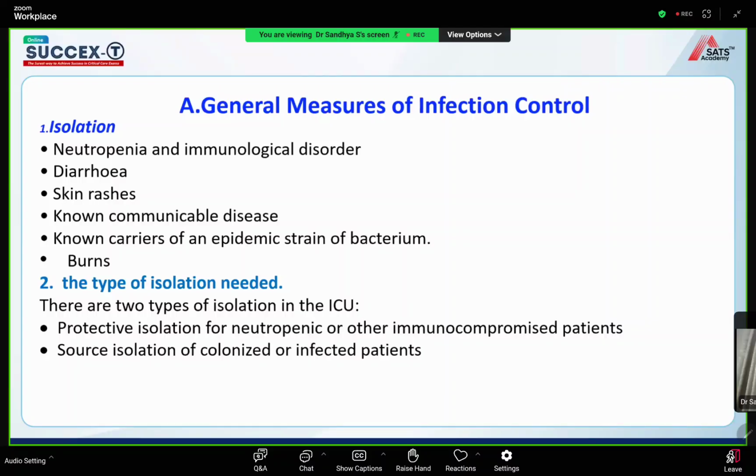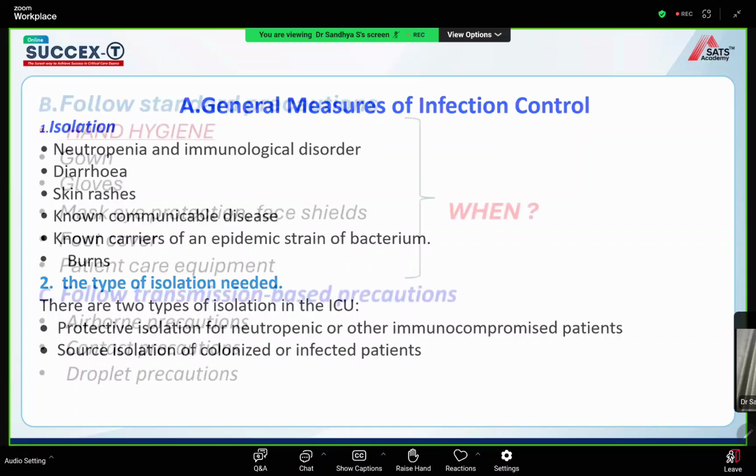If it's a neutropenic or other immunocompromised patient, your aim is to safeguard the patient from hospital-acquired infection, while if it is an infected patient, your aim is to avoid the spread of infection to other patients or the healthcare staff. So this is about the general measures of infection control.